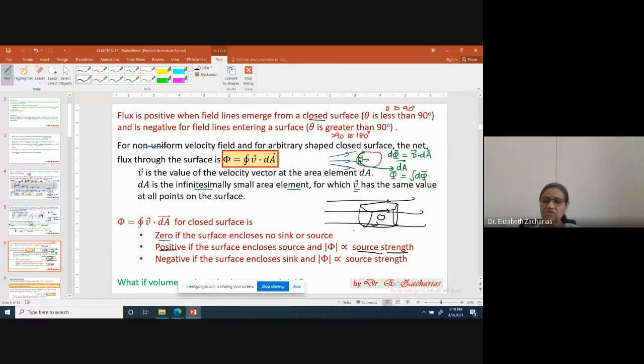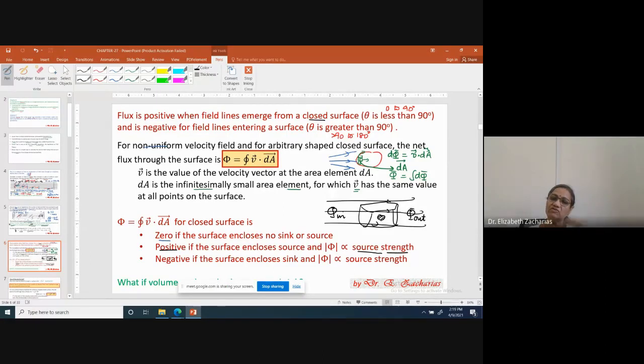Sponge is a sink. So let us say there is an inward flux phi in, and an outward flux phi out. Which will be greater? Will all the water that entered go out?